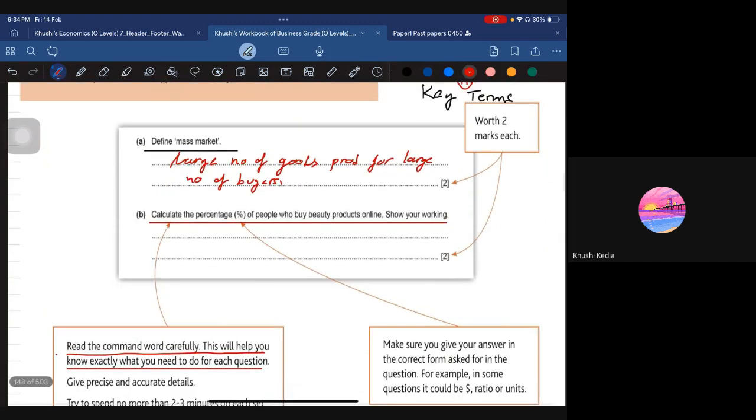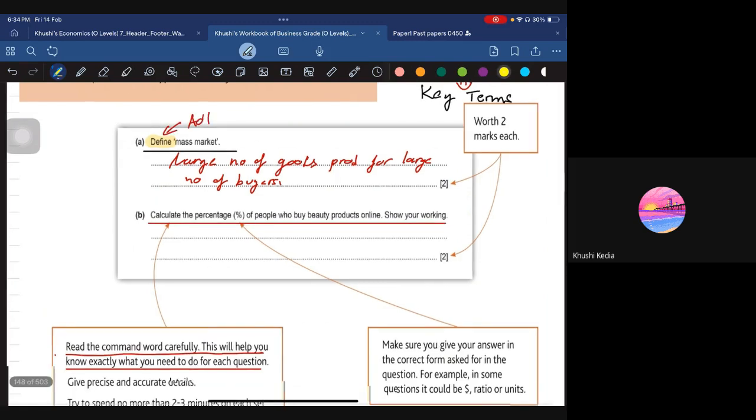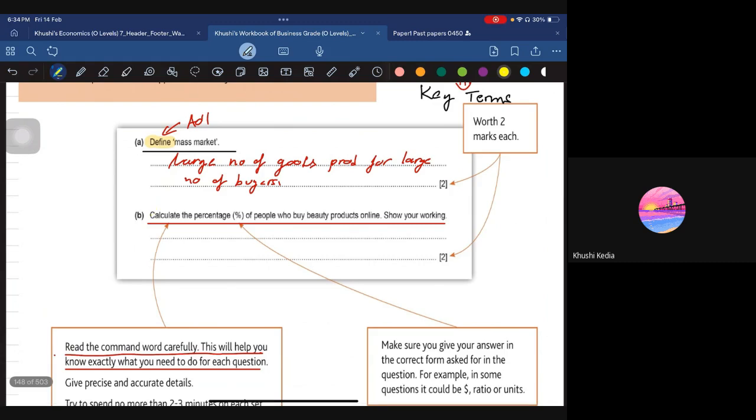When I talk about define, this means he is talking about AO1. And when I talk about calculate, it means we are talking about AO2.